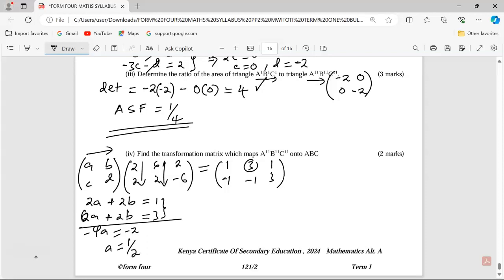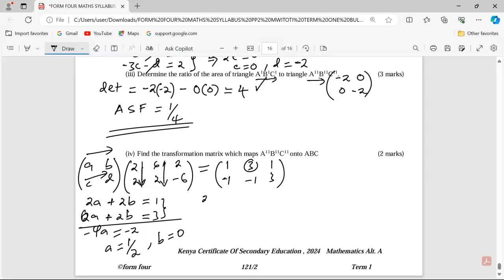If the value of a is half, then we substitute in one of the equations here so that we know the value of b. Then you discover that the value of b will be 0. We can go for c and d such that the first row multiplies the first column here.